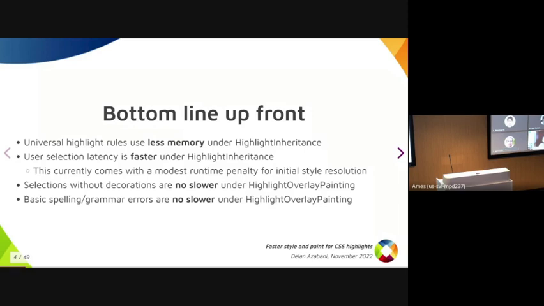And thanks to some of our optimizations, most selections and spelling and grammar errors are not any slower under the new highlight overlay painter. In fact, we've even been able to optimize some lower hanging fruit that outweighed the slowness of highlight overlay painting entirely, but more on that later.